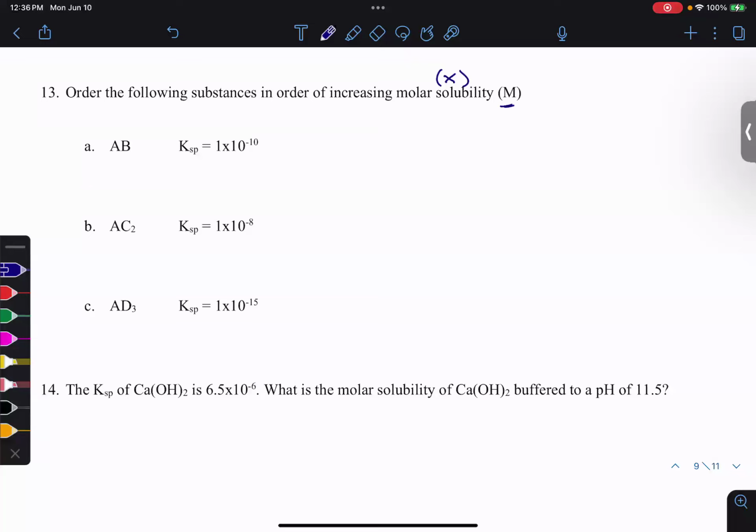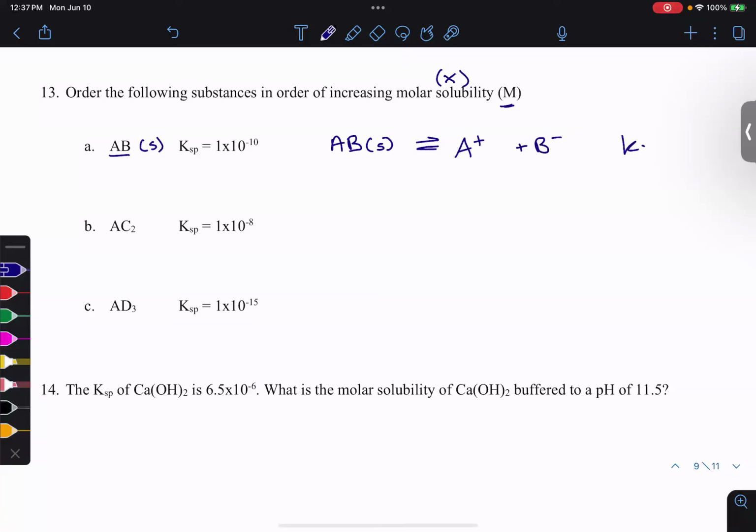So the idea here is Ksp represents a certain type of reaction. It's when this AB solid dissolves in water, what comes out of it. So you can write this as, okay, AB solid, drop it in water, you get a little bit of A+ and a little bit of B-.